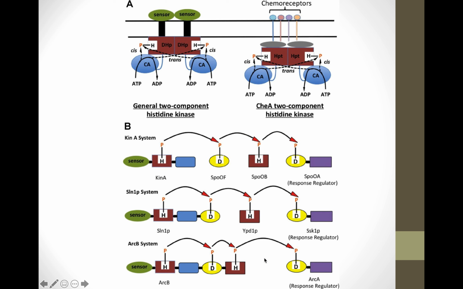In the last one, this is more or less similar, but it is actually a part of the histidine kinase, not standalone as in the classic case of the two-component system, because it needs to be phosphorylated by the histidine kinase, receive the phosphate group, and then be dephosphorylated by the response regulator.